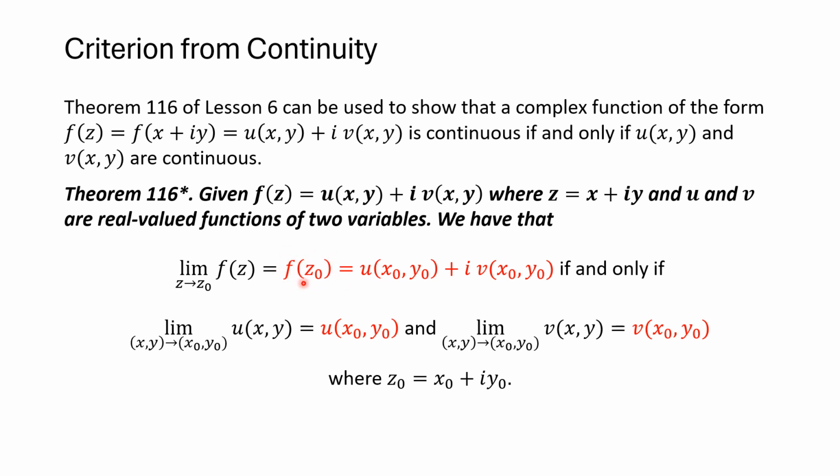But once we have that, and then we break it into the real and imaginary part, this limit exists if and only if the limit of the real part equals the real part evaluated at the point x0, y0, which is z0, and the same thing for the imaginary part. And we'll do an example in the next slide to show how we can use this.